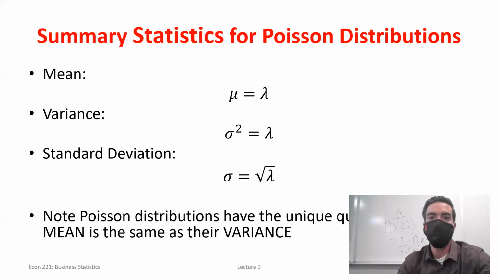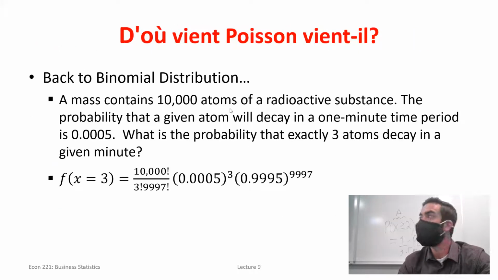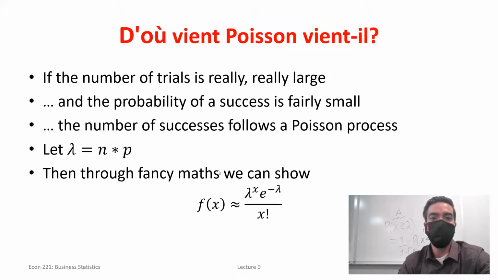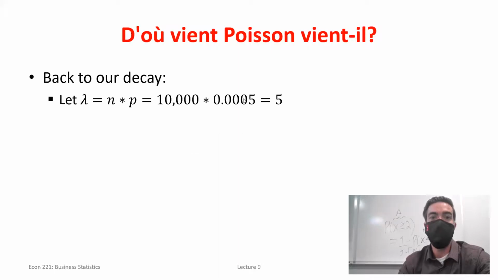So how do I treat a binomial example like this as a Poisson? All I do is find the mean of this binomial, which is very easy. That would be the number of trials times the probability of success. So 10,000 times 0.0005. Once I find that mean, I treat it as the mean of my Poisson distribution.